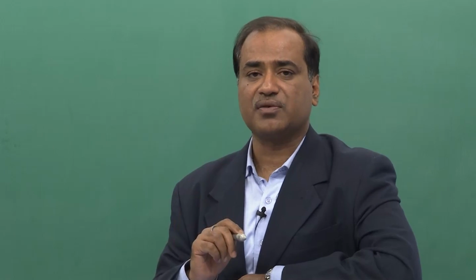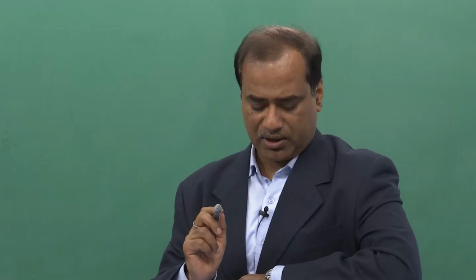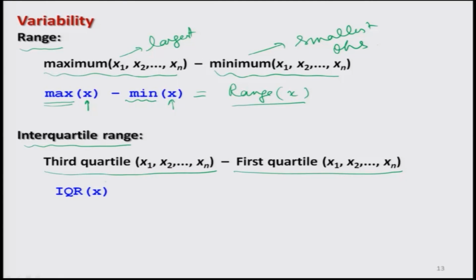So I take the difference of the third quartile minus the first quartile, and this quantity can be directly computed in R using the function IQR, which gives the interquartile range of the data vector x.